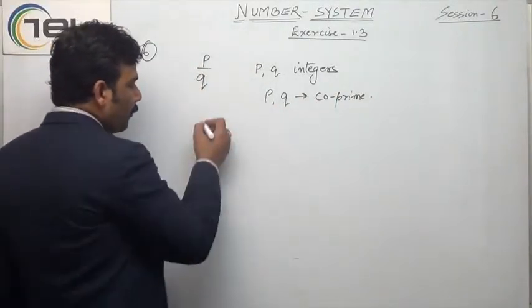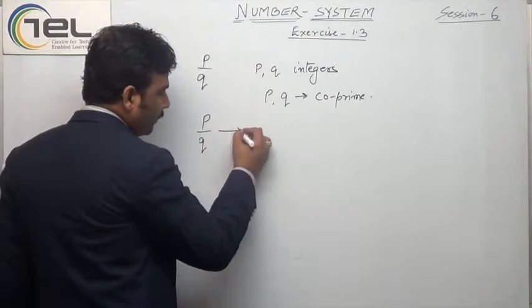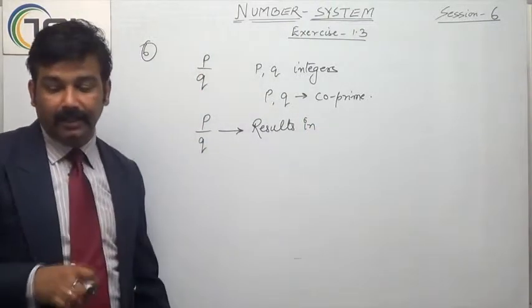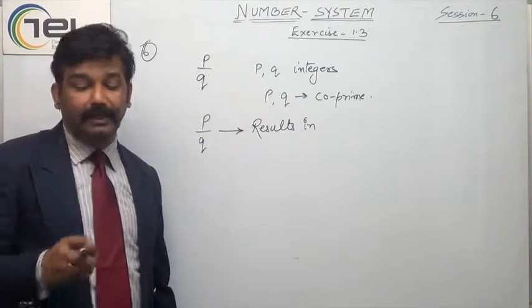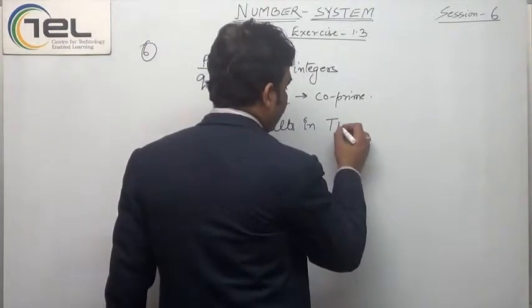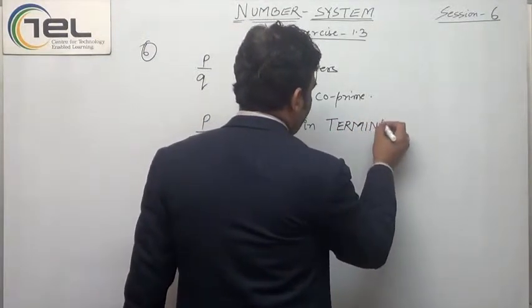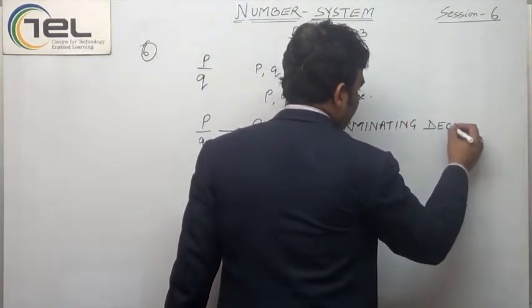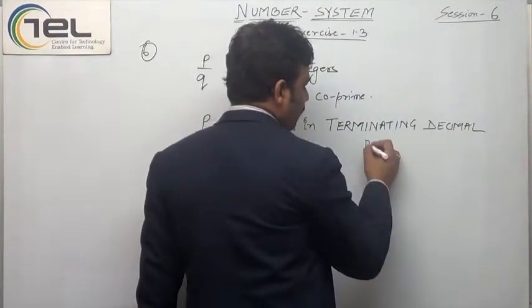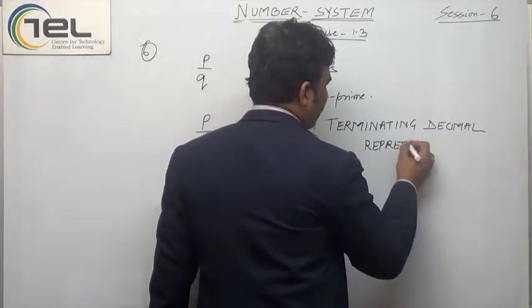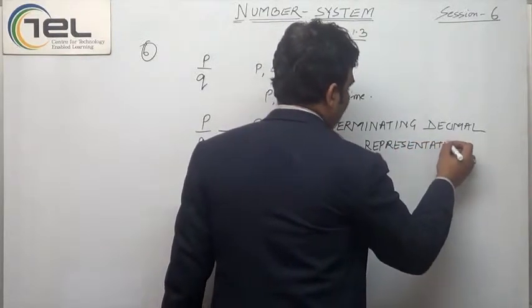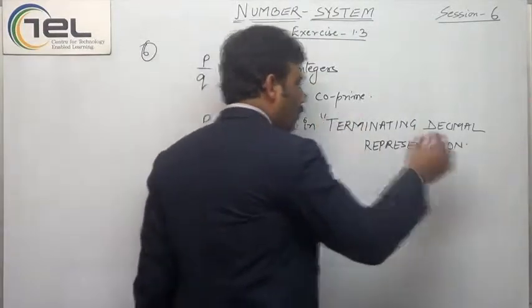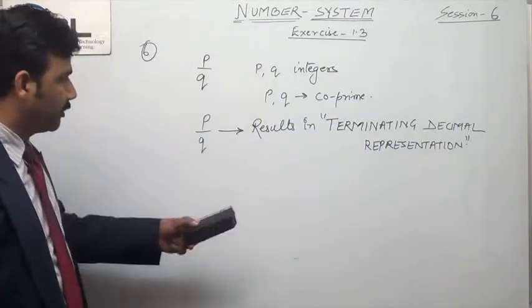They are saying p over q results in a terminating decimal representation. I have discussed this with you in the same session previously.